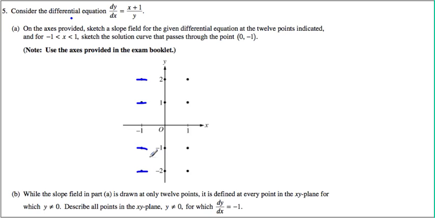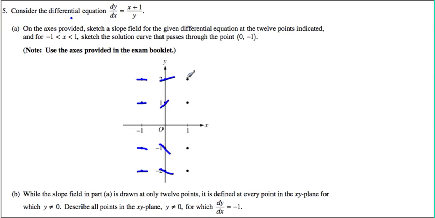All right, now how about when x equals 0. Then when y equals 2, we get 1/2. And then when y equals 1, we get 1. When y equals -1, we end up getting -1 slope and -1/2 slope.